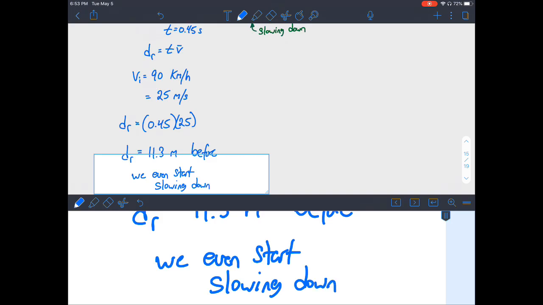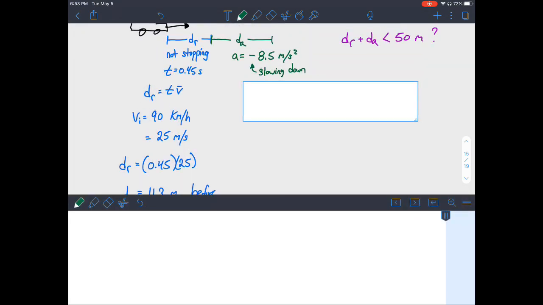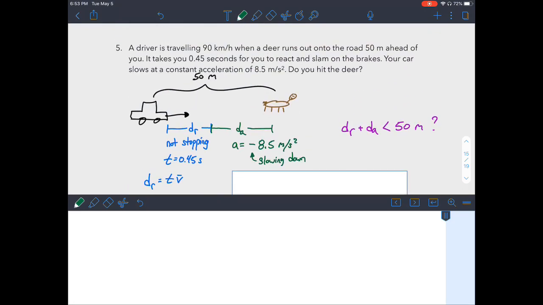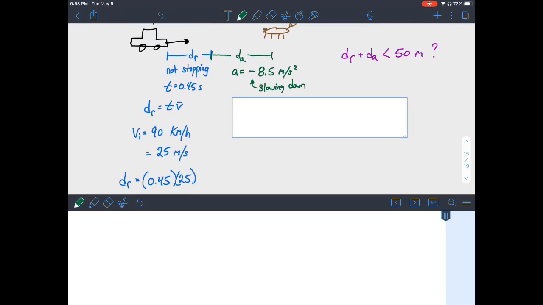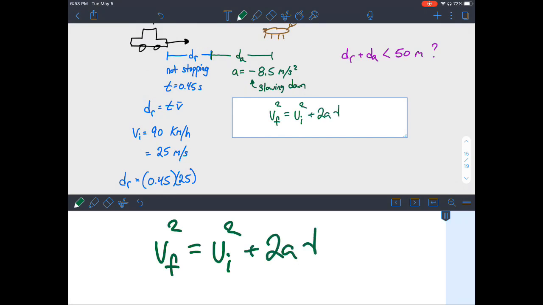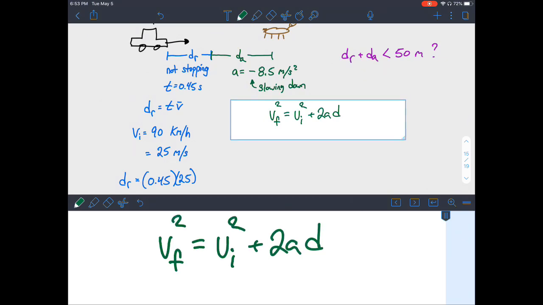That's no problem. Now that we started slowing down, we want to figure out a distance. We've got an acceleration. We don't have a time, which means if we don't have a time, let's look at this equation, vf squared equals vi squared plus 2ad. Well, we know our final velocity.